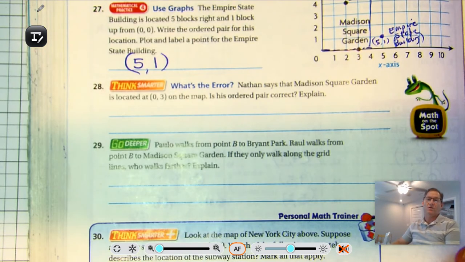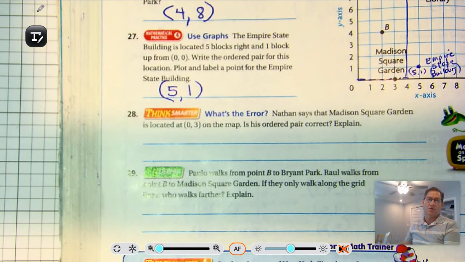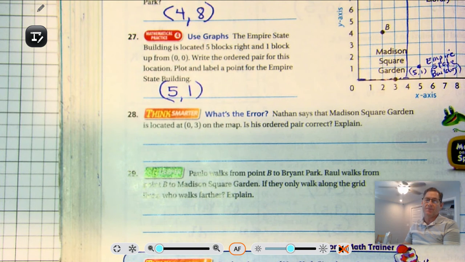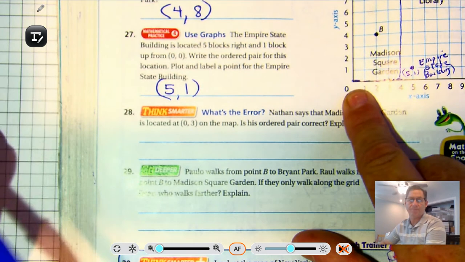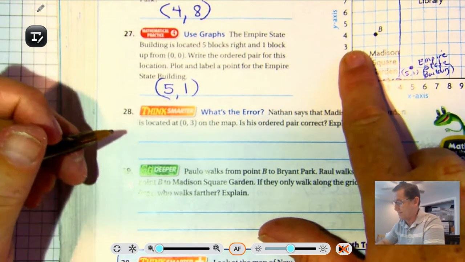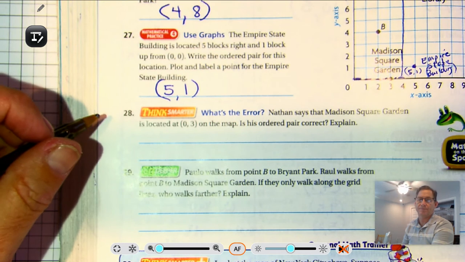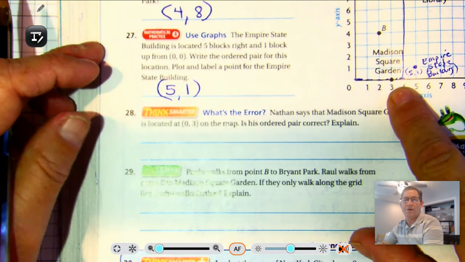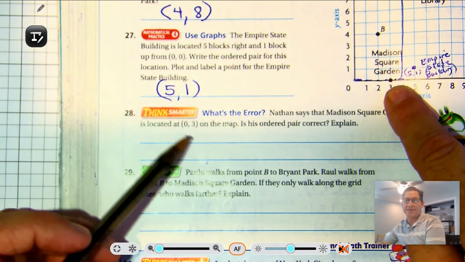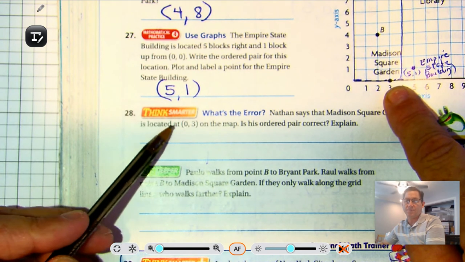All right, 28. What's the error? Nathan says that the Madison Square Garden is located at 0, 3 on the map. All right, so 0, 3. 0 is here. Up 3. Well, there's nothing located at 0, 3. So Madison Square Garden should be 3, 0. So he flipped the coordinates, right? He switched them.